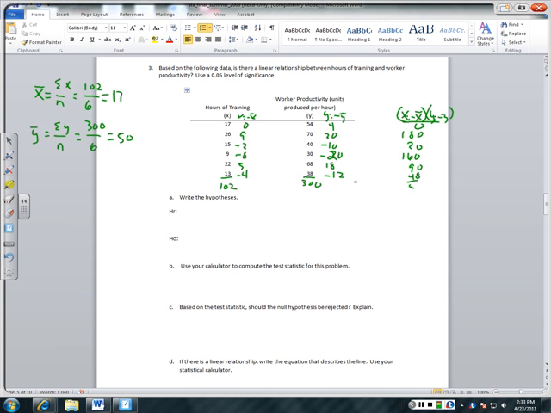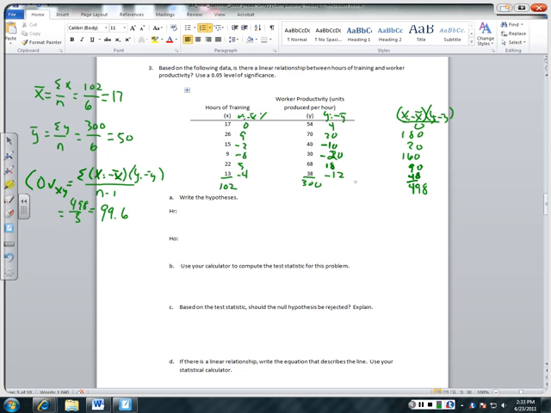But anyway, the sum of that's 498. And so to get the covariance of x and y, I'm going to get the sum of those cross products divided by n minus 1. That's equal to 498 divided by 5, and that is 99.6.